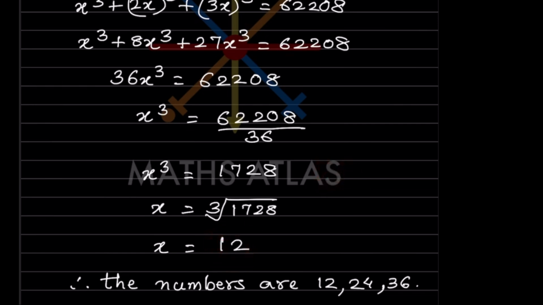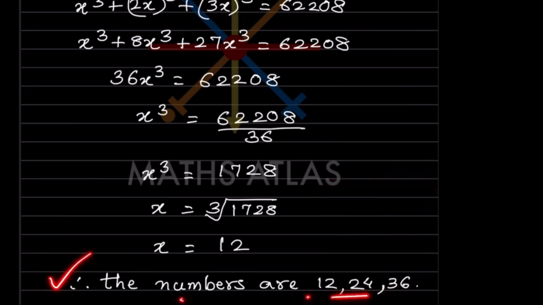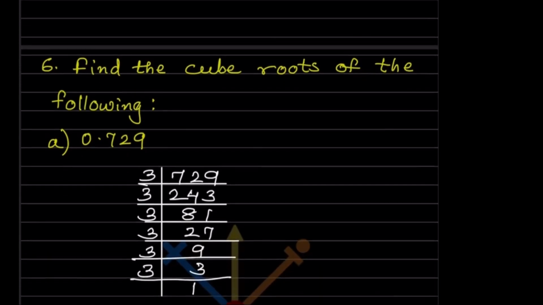So the numbers are what you get here. This is x, means this is 12. This is 2x, means that is going to be 2 into 12, that is going to be 24. And 3x means 3 into 12, that is going to be 36. So this is an important step you have to write. Therefore the numbers are 12, 24 and 36.